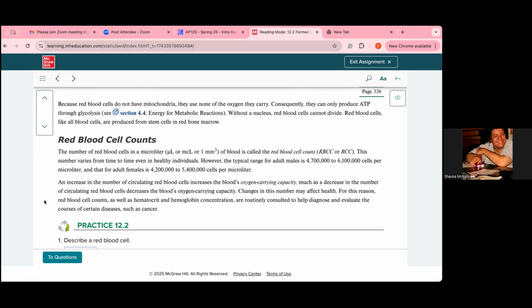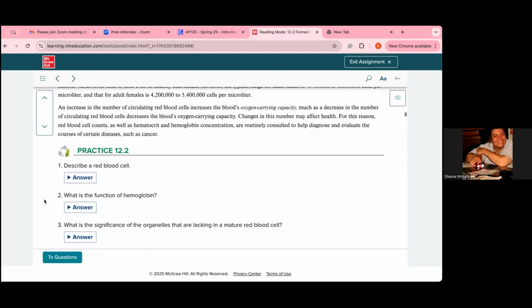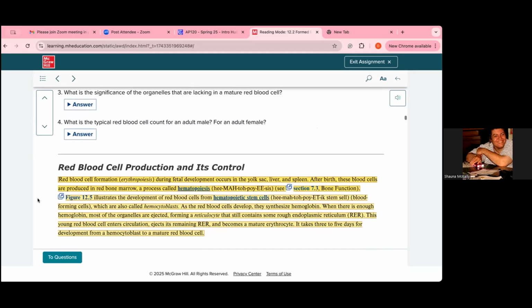Let's see, does it say anything in the green box? We still have more on this page, but continue. Does it have more? Okay, this might have something.